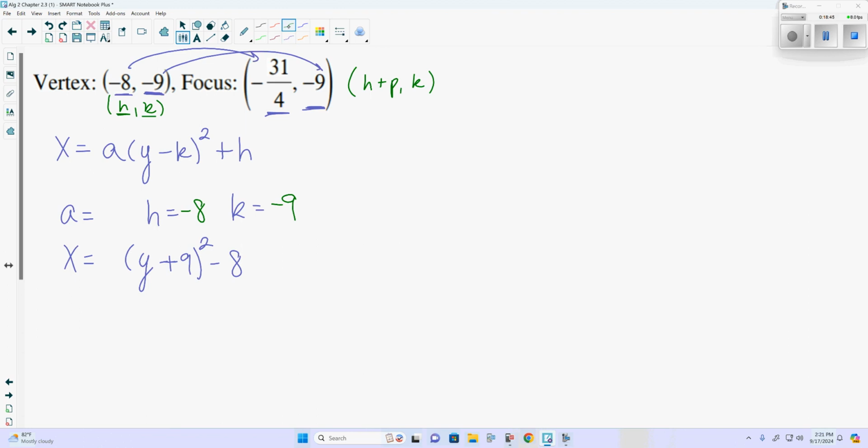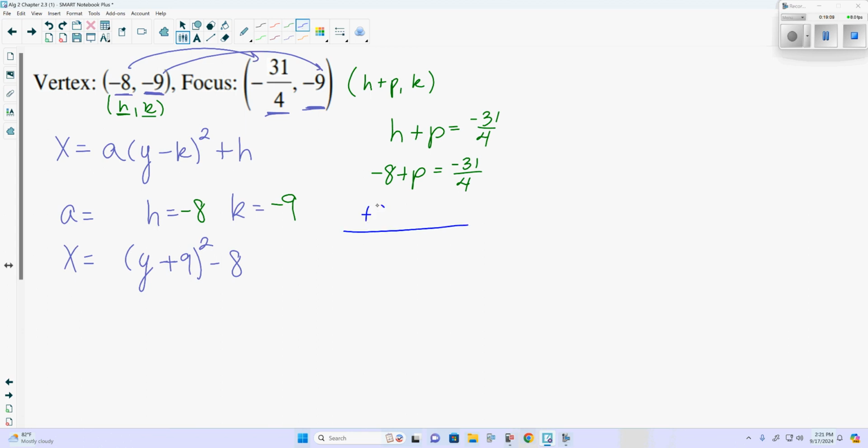Now the only thing we need to find is the value of p. h plus p is equal to negative 31/4. We know the value of h. Negative 8 plus p is equal to negative 31/4.